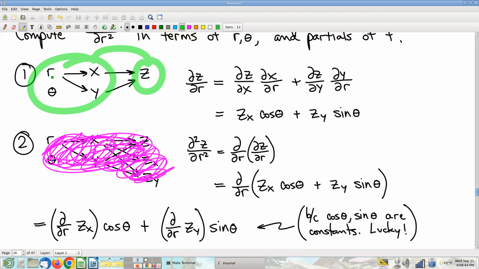So, for example, if I was viewing z literally as a function of 4 input variables, the partial with respect to r, you would have to interpret as holding all 3 of the other variables constant as you change r. And I claim this isn't possible. You change r, you're changing x and y. They are functions of r. So this is just garbage. You cannot view z as a function of all these inputs.